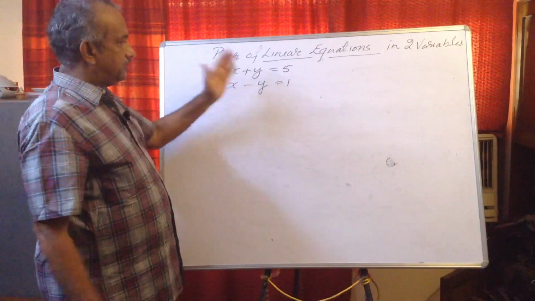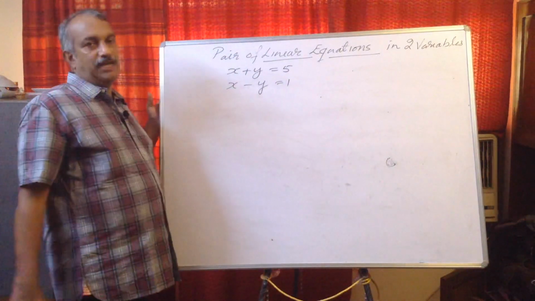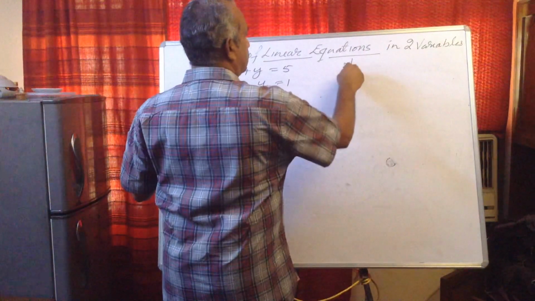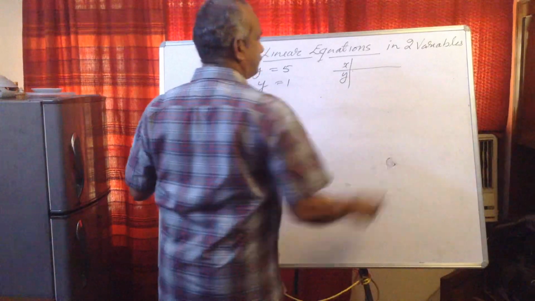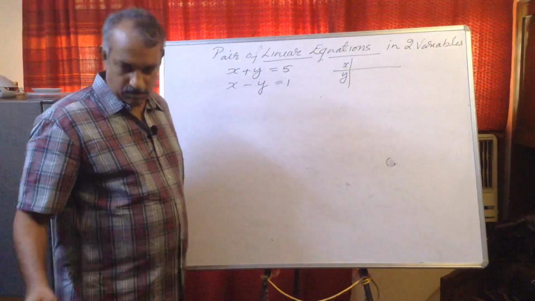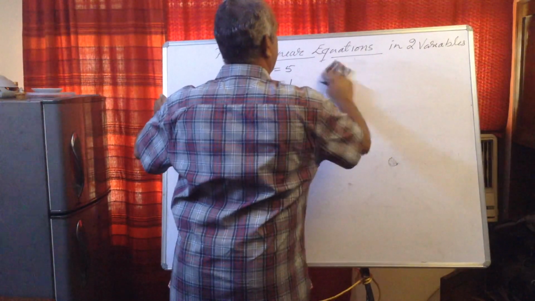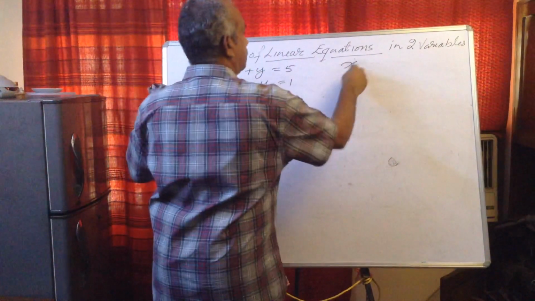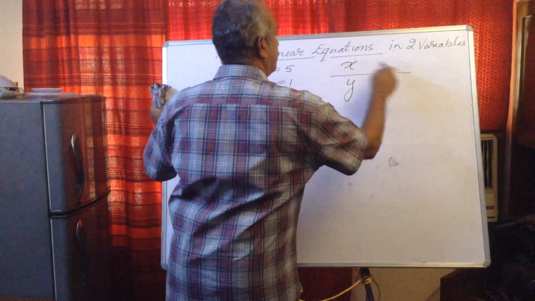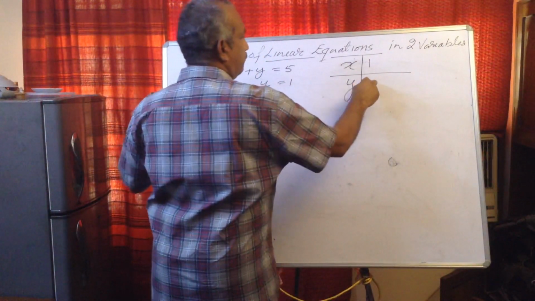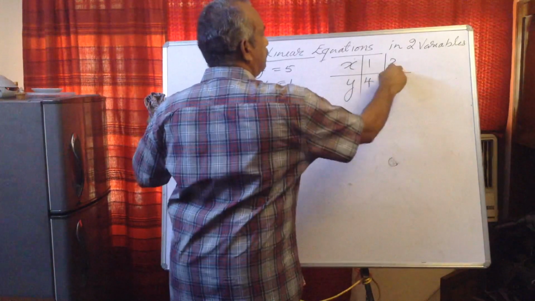Since the equations are very simple, I am going to write the solutions directly. Say x, y. It may not be visible, so I'll write it a little bigger. Say x and y. Suppose x is 1, then y is 4, and if x is 2, y is 3.